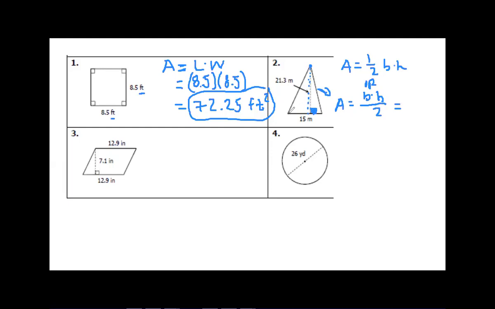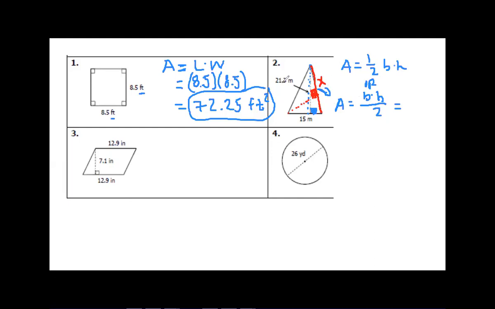If they gave us, for instance, let's do this one in red, this red height, and then they gave us some number, and we're just going to call this number X for this side length, this X would be the base, and then this red dotted line would be the height. Okay, it's going to produce the same area as what we have here in blue.